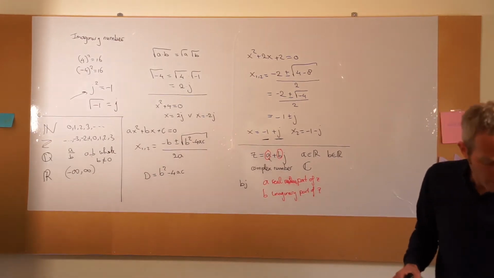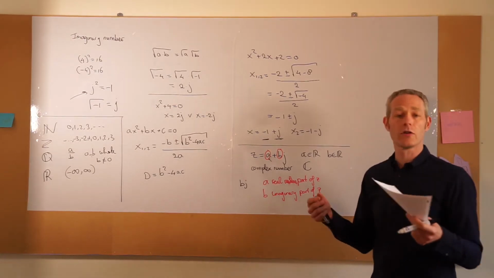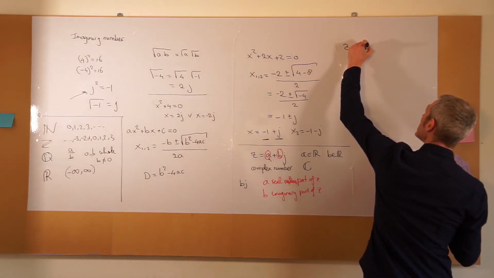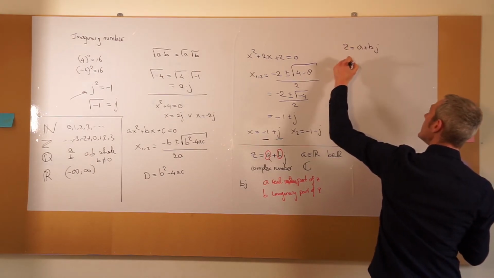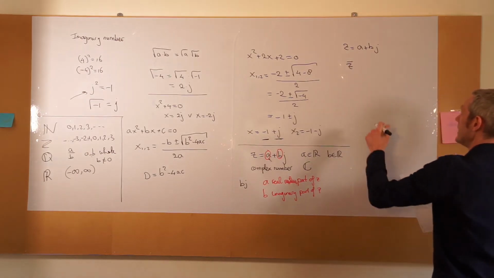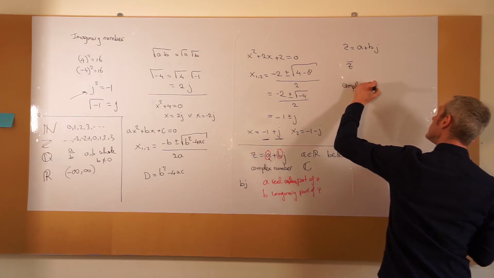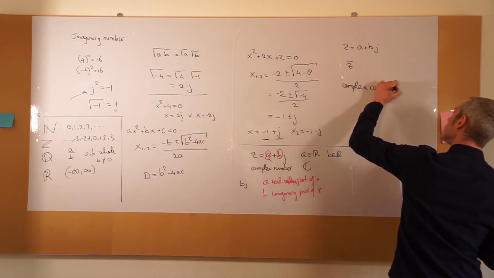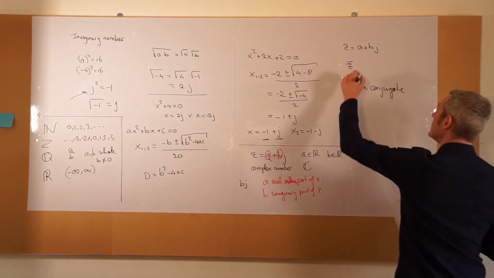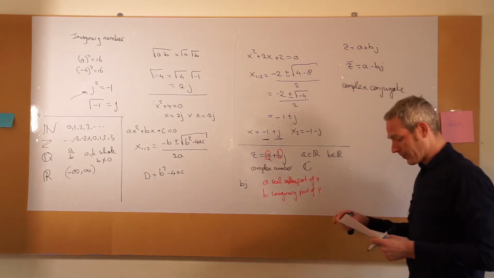Now, every complex number has what's called a complex conjugate. If we have z is a plus b times j, then z bar, the complex conjugate of z, is a minus b times j.